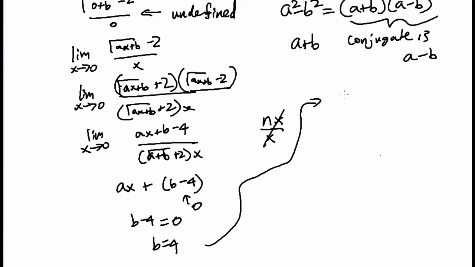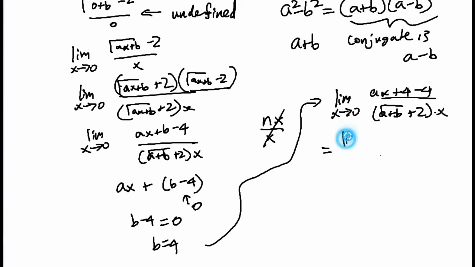If b is 4, then this becomes the limit as x approaches 0 of ax plus 4 minus 4, over the square root of ax plus b, plus 2, times x. Sorry, bad handwriting.